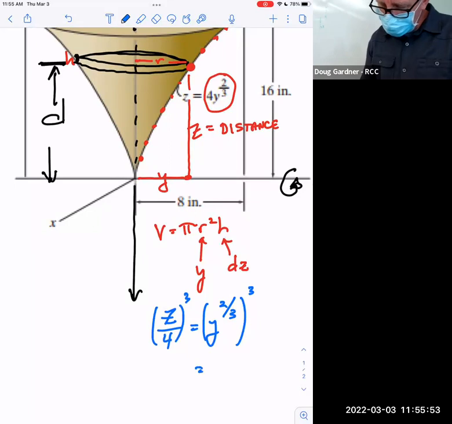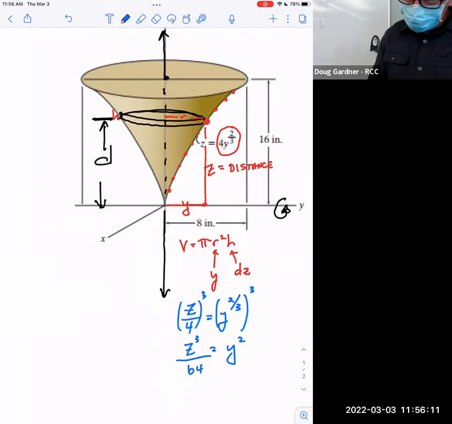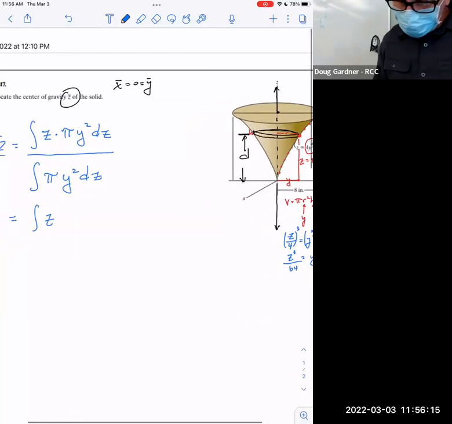So now I have y squared equals z squared. You could say z over 4 cubed, or you could actually cube the 4. I think that might save me some trouble in this case. So I'll cube the z, which I can't do, and I'll cube the 4, which I can do. So that would be what I could replace y squared with. And then I'm ready to rip.